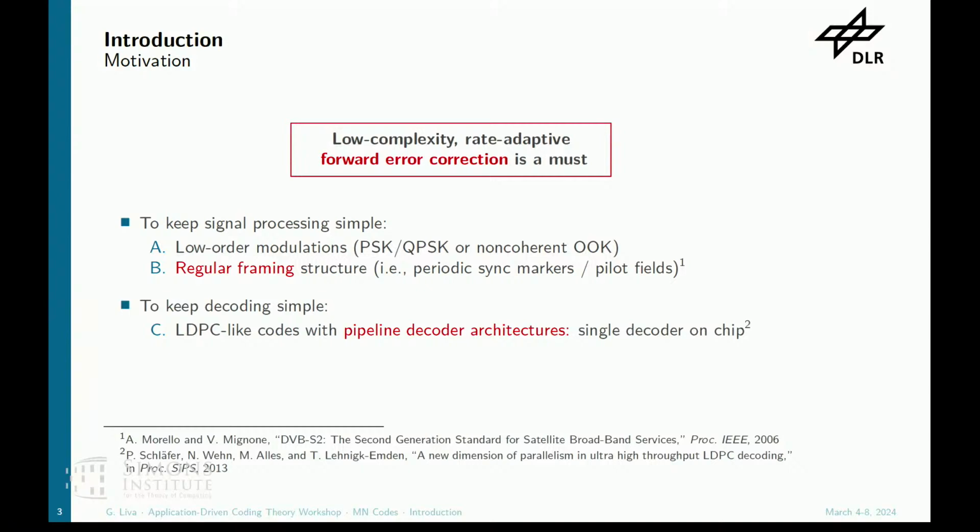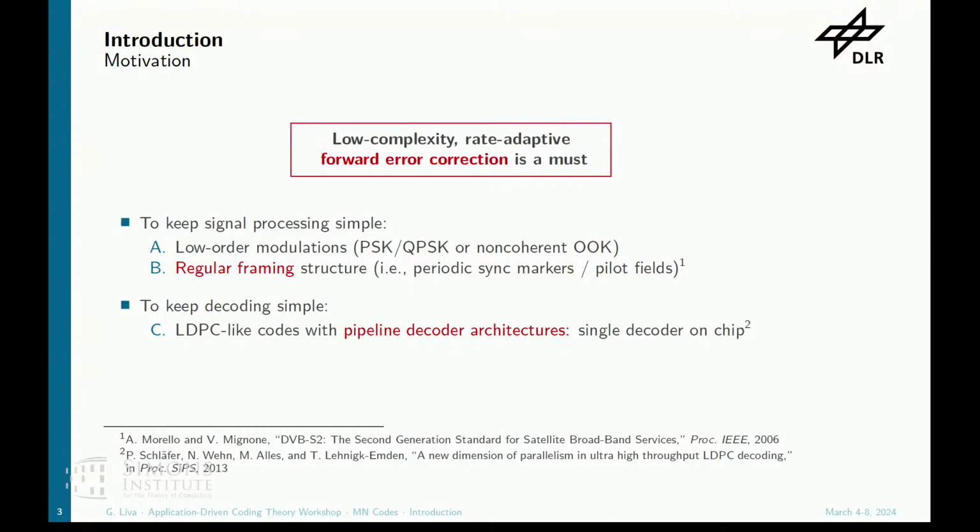Rate adaptivity is something you need. In the free space optical domain, we have seen why. You have this visibility time of your satellite, which means that you're going to have very different communication ranges. In sub-terahertz communications, the quality of the link also changes due to the variability of terrestrial wireless links.